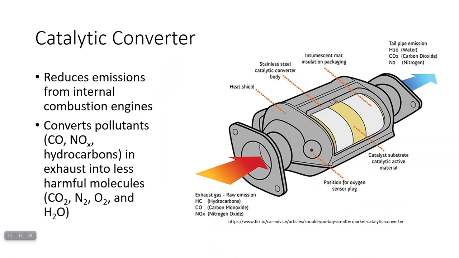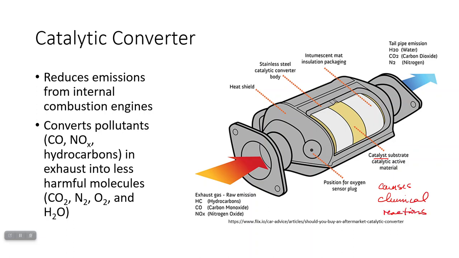Then another automobile related device is a catalytic converter, which should be in all cars. What they basically do is they are going to use some sort of catalyst. Catalyst causes chemical reactions. If you remember in biology, it's kind of like an enzyme.